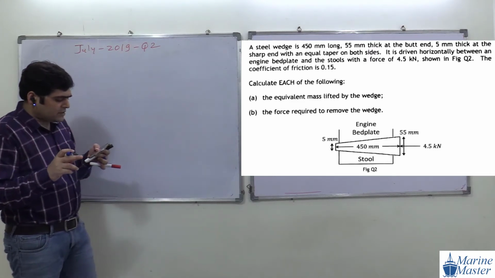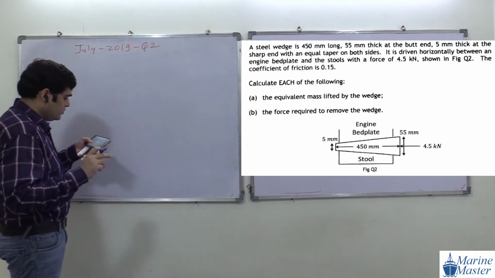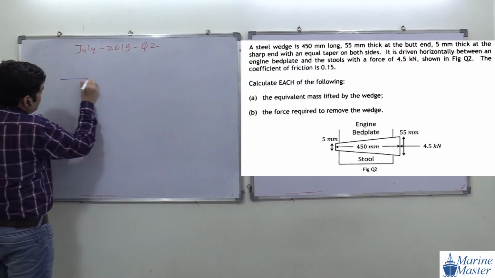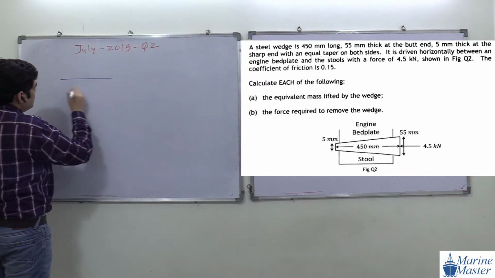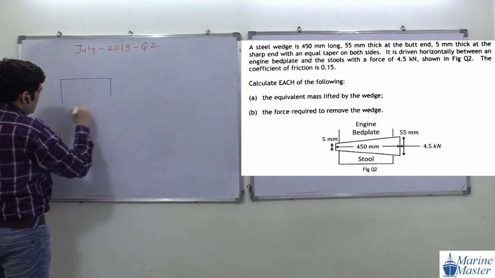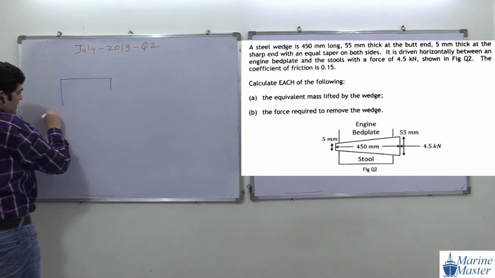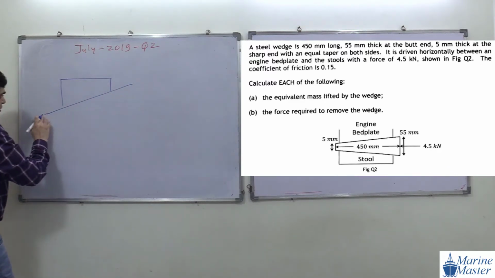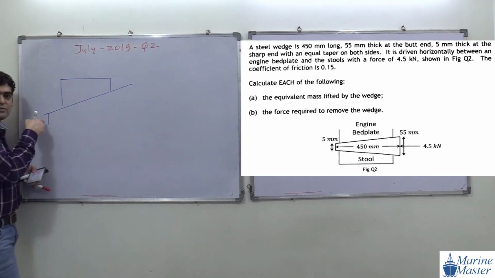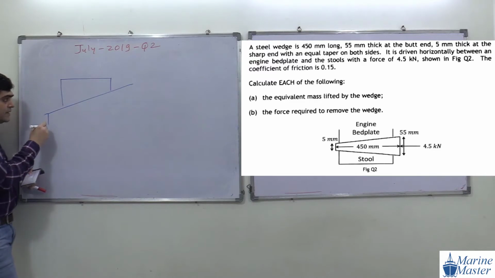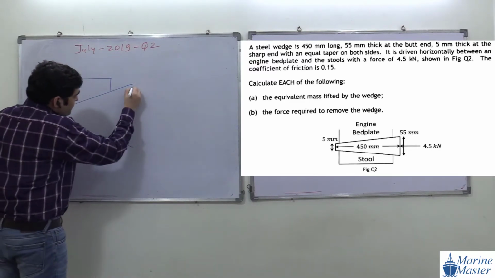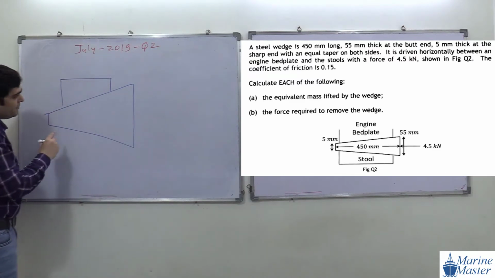Now what they have given us: engine bed plate. Suppose this is the engine bed plate. Then this is a wedge. This is the sharp end of the wedge and this is the butt end.